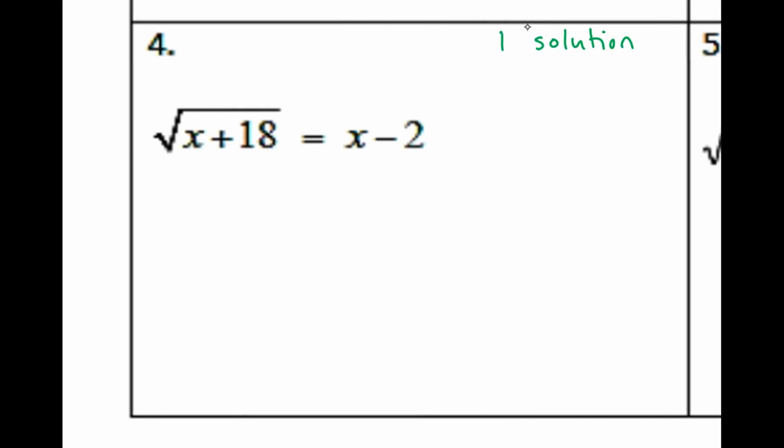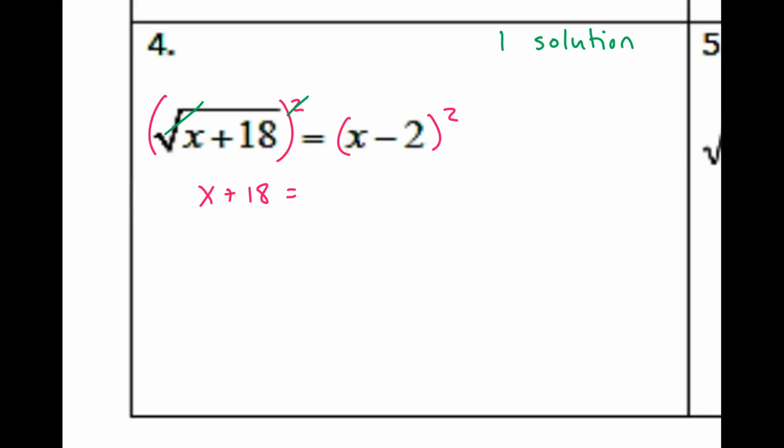What do I do now to solve this radical equation? I have my radical all by itself. I don't need to get it by itself. It already is. And to get rid of that radical, I square both sides. And here, the square and the square root cancel, and I'm left with x plus 18.